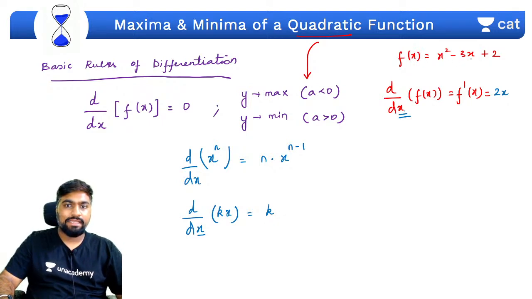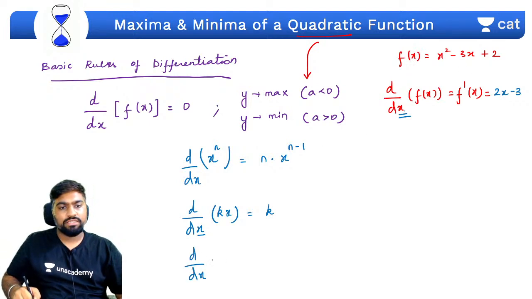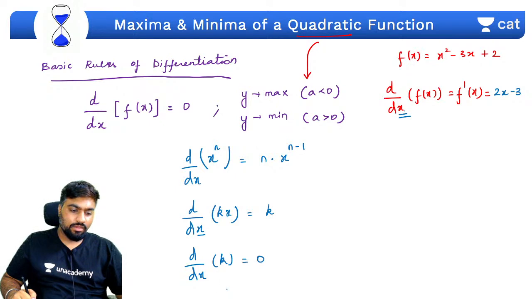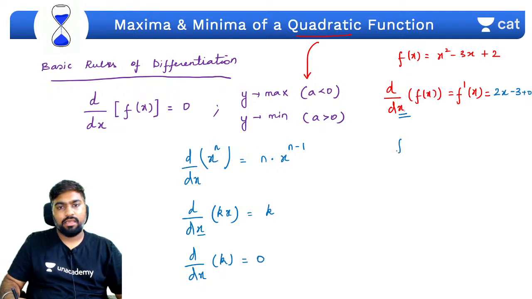In this case it is minus 3x, if we differentiate it, what will it become? Minus 3. Understood? And if you want to differentiate a constant k, d by dx of k will be 0. Got it? Differentiation of a constant will be equal to 0. So what happens to plus 2? Plus 0. So you basically get f dash of x is equal to 2x minus 3.